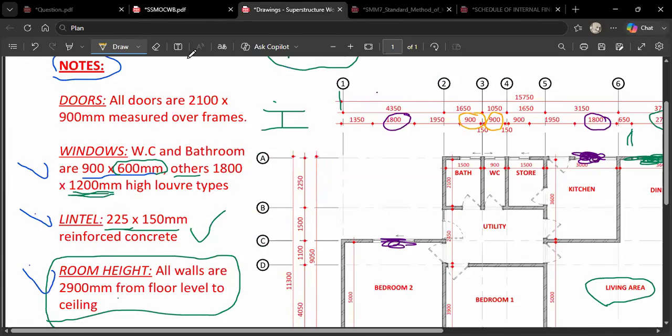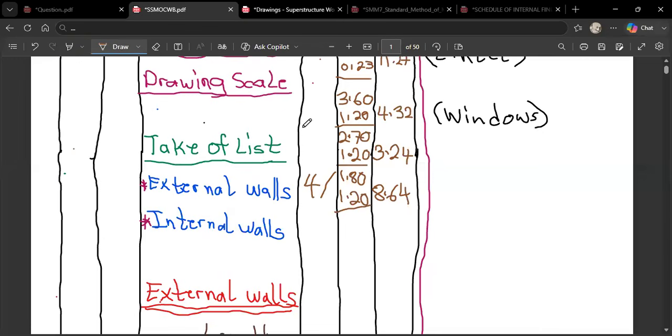So let me just shade it over here so that you see that we are taking account for that and we're not going to consider that again. So it's just 0.90 times 0.60. So this is it.